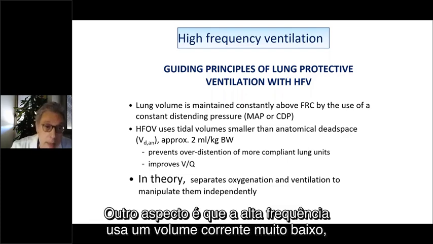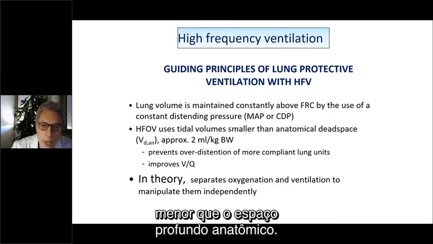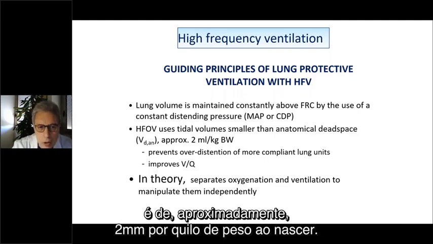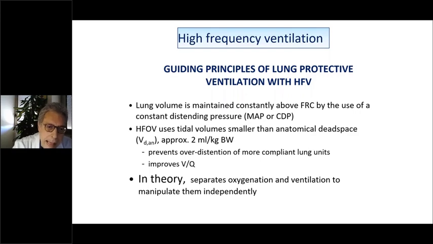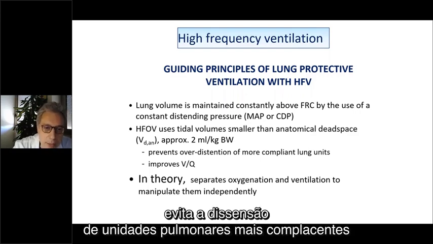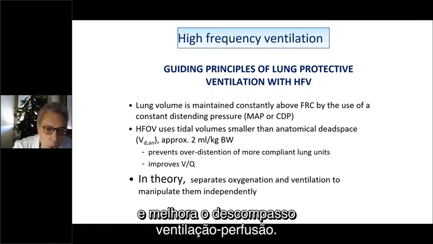Another aspect is that high frequency uses very low tidal volume, smaller than anatomical dead space. Consider that anatomical dead space is approximately 2 milliliters per kilo of birth weight, and in this way, this type of ventilation prevents over-distension of more compliant lung units and improves ventilation perfusion mismatch.